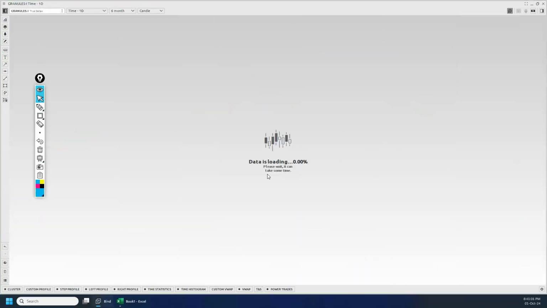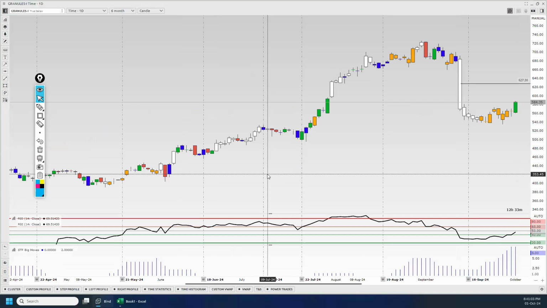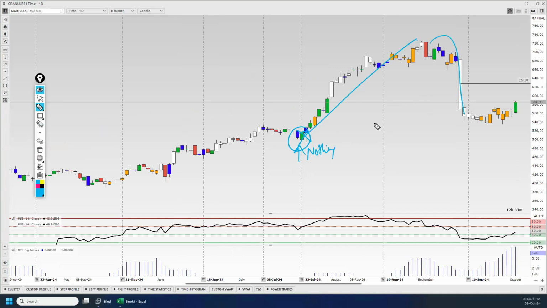Let's see Granules. Okay, so in Granules, every case is different, guys. I really need good time to teach you the concepts. That's why I'm taking more charts so that I can show you different behavior. So here you're seeing nothing happened. I will not go long into this, right? Even though this move happened, I know this will come down to this level itself.